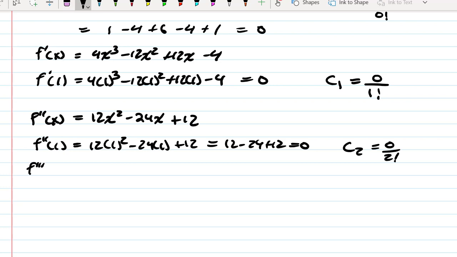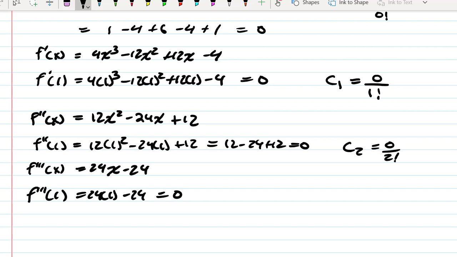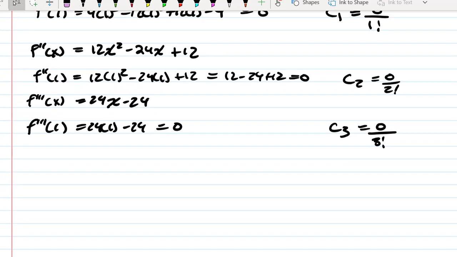And we do f triple prime. So that's going to be 24x minus 24. So f triple prime of 1 is 24 times 1 minus 24, which gives us 0 once again. So now we get c sub 3 is 0 over 3 factorial. So c sub 3 is 0.